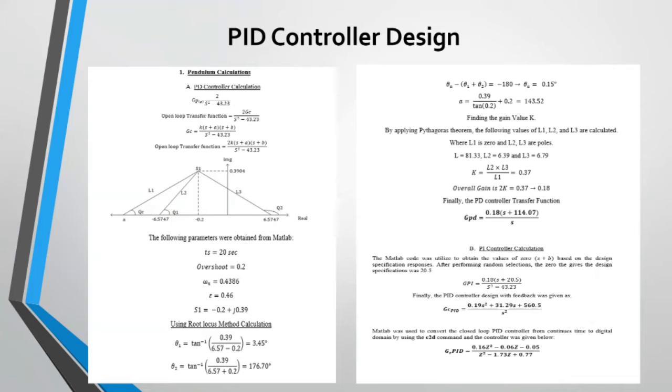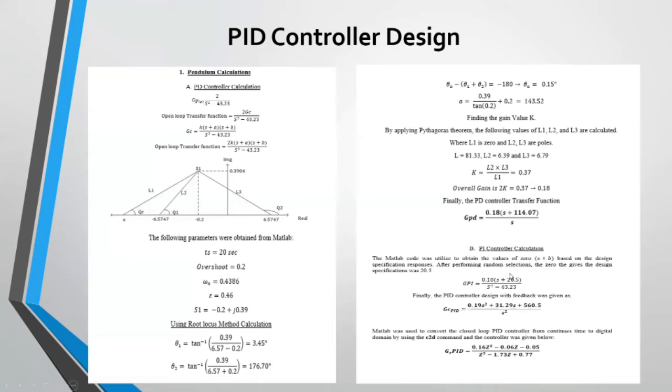Moving on, we calculate the PI controller. For the PI controller, we choose a 0. We place a 0 according to the design specification. By inputting certain numbers to the system in MATLAB code, we come up with 20.5 as our 0.